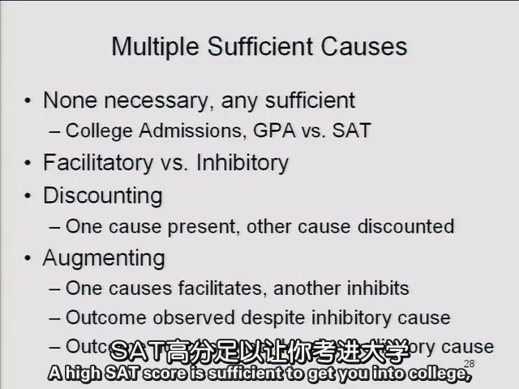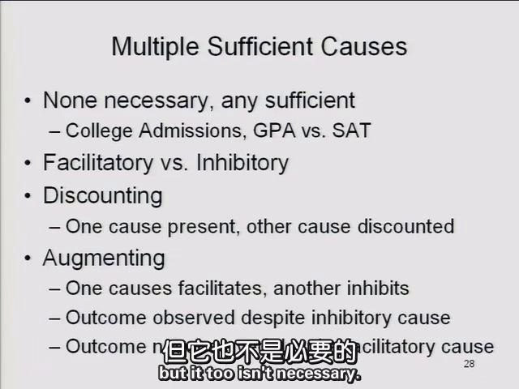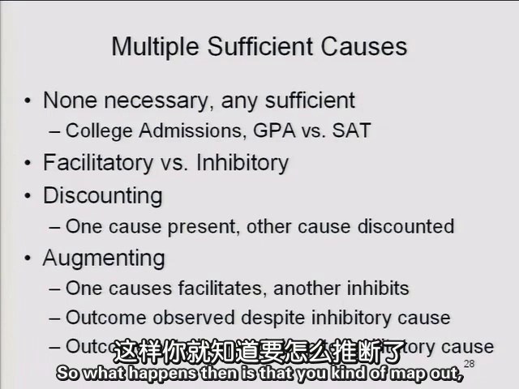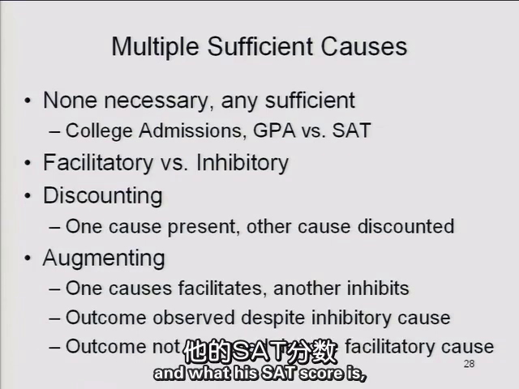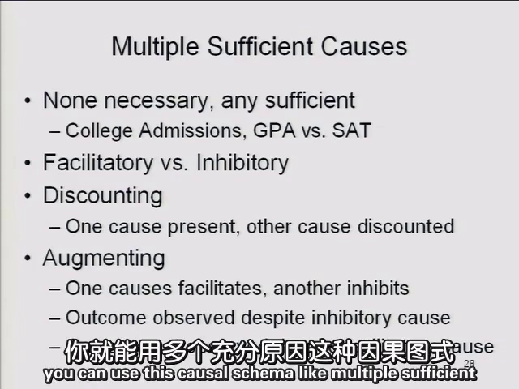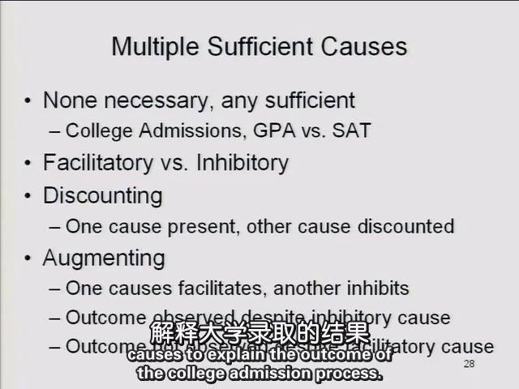A high SAT score is sufficient to get you into college, but it too isn't necessary. So what happens then is that you can kind of map out, if you know what a person's GPA score is and what his SAT score is, you can use this causal schema like multiple sufficient causes to explain the outcome of the college admissions process.